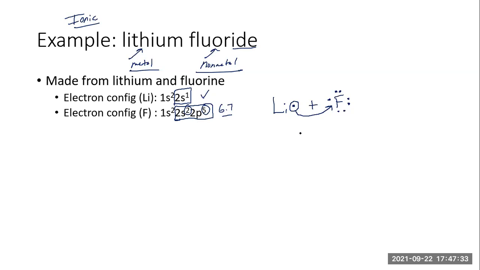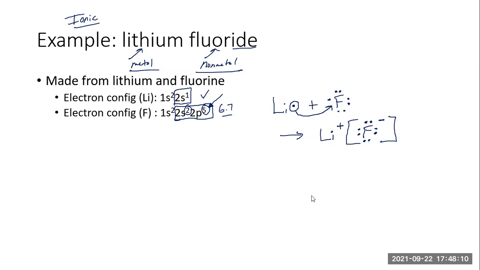The result of this is the lithium has now lost that electron and now has more protons than electrons and becomes positively charged. That electron then ends up over in the fluorine, and the fluorine could accept it because if we look at its electron configuration, it's got an extra spot available in the p orbitals. When it accepts that, fluorine now has more electrons than protons and develops a negative charge.